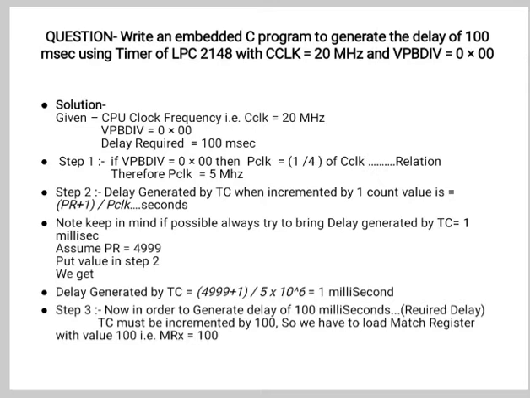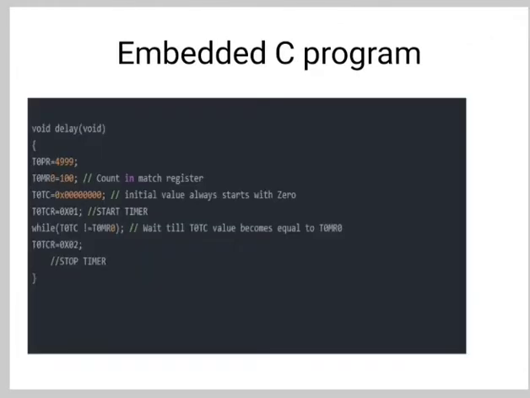Now the next step: in order to generate a delay of 100 milliseconds, the TC must be incremented by 100. So we have to load the match register with the value of 100, that is MR0 is 100.